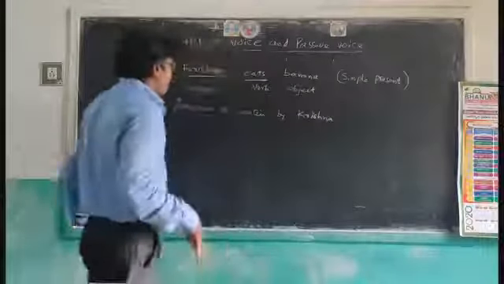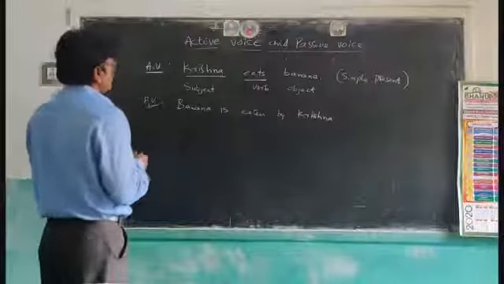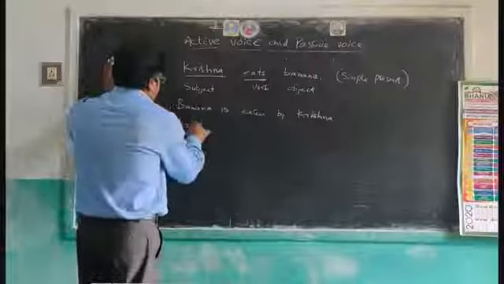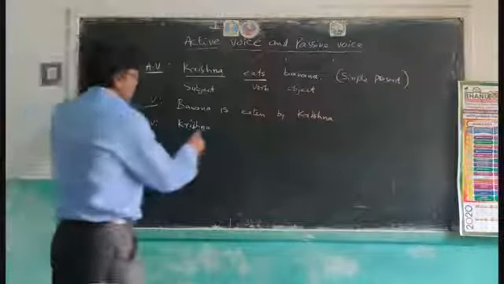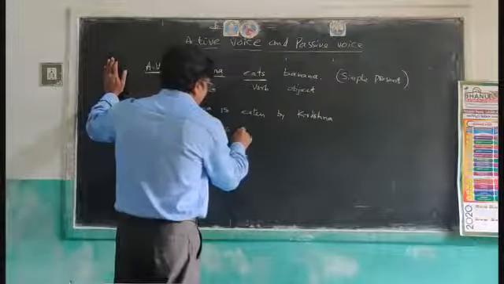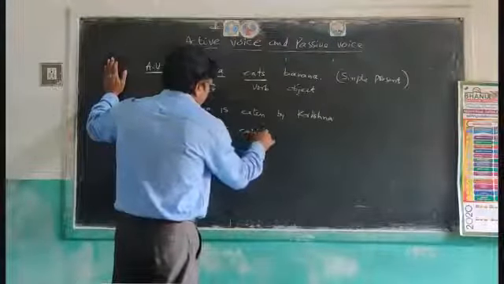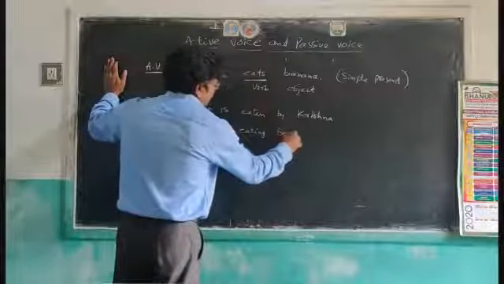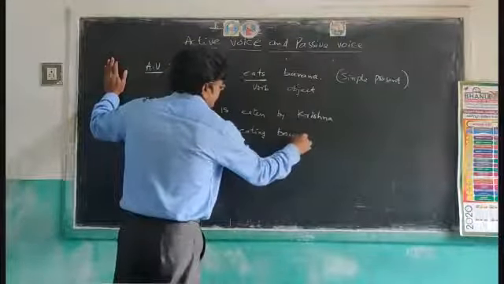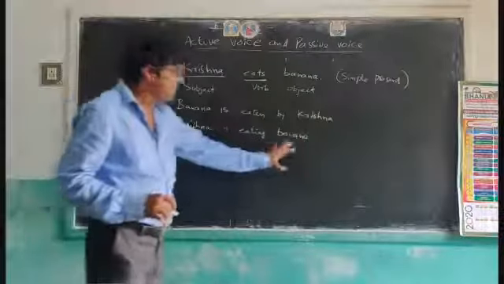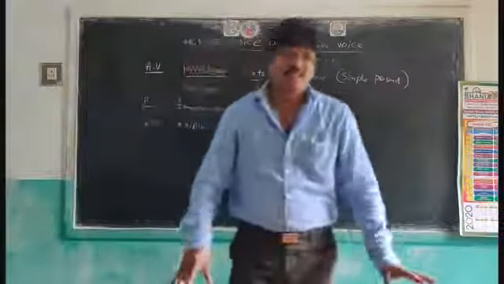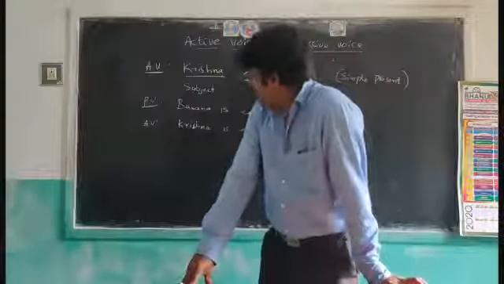Next, I write: Krishna is eating banana. This is the given active voice sentence.